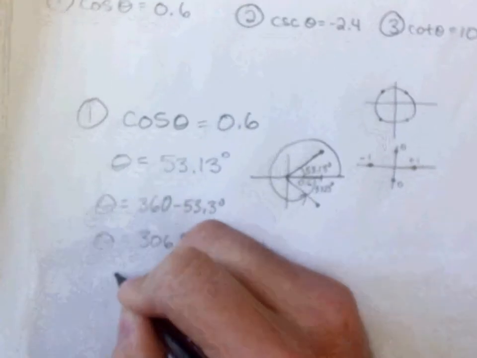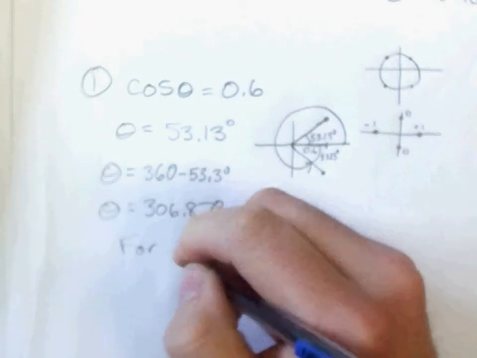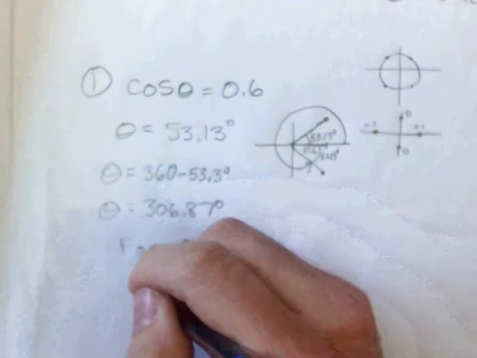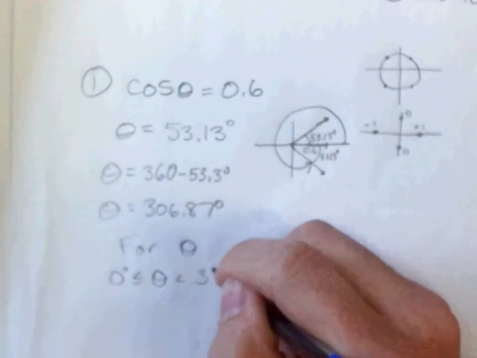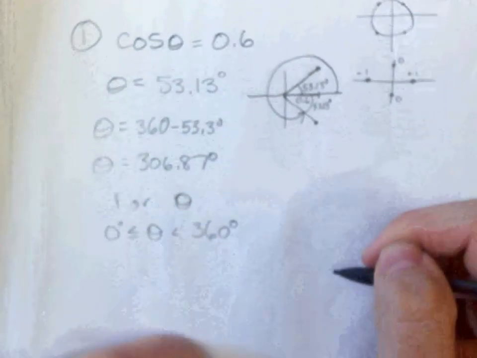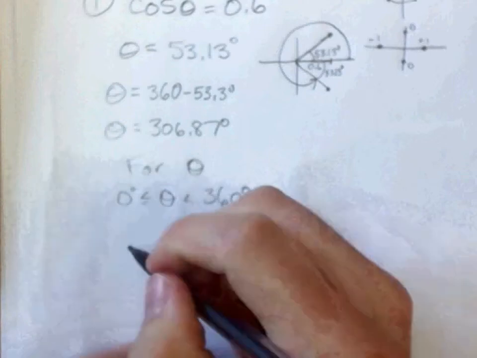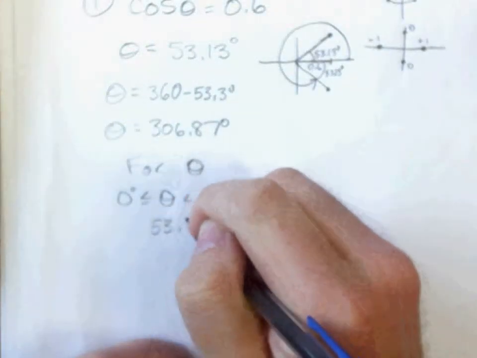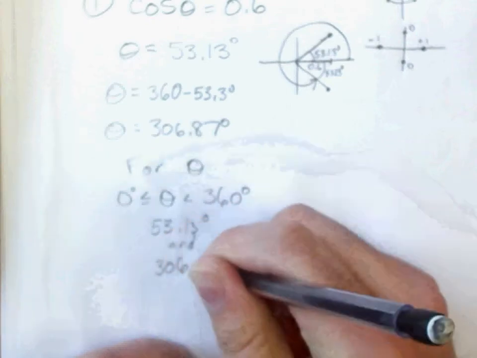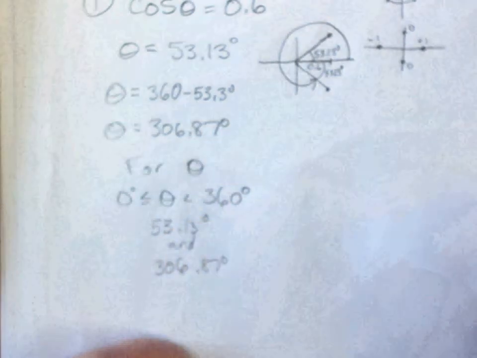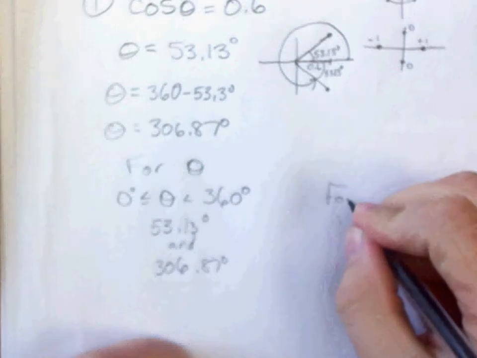So if I asked for angles, or theta, that is between 0 degrees and 360 degrees, then the two answers that you would tell me would be 53.13 degrees and 306.87 degrees.